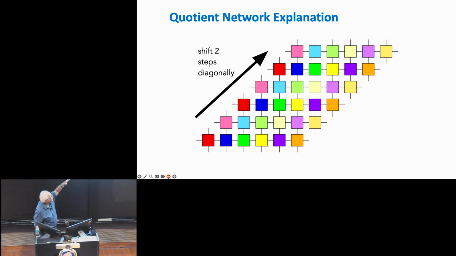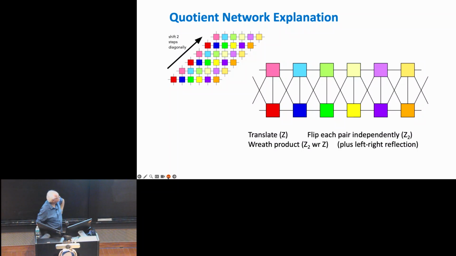So as you go up a diagonal, 2 different colours alternate, but each diagonal has its own pair of colours. Okay? And then you ask, what's the quotient network for that colouring? So I'm going to take an orbit colouring from a nice simple straightforward subgroup and look at the quotient. And the answer is the quotient looks like this guy on the right.